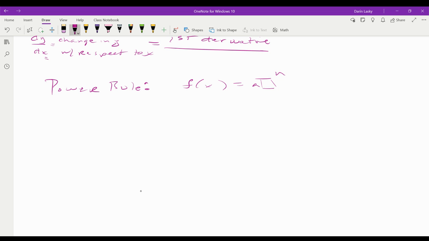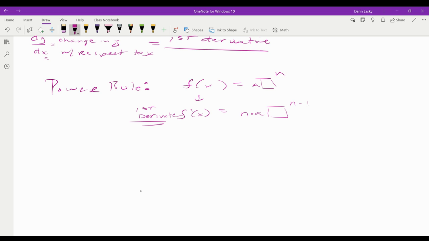What we end up doing to get f prime, so now I'm on my first derivative, and we'll work our way to second derivatives, is take n and multiply it by a. So my first derivative is n times a times x to the n minus 1. That's my rule.